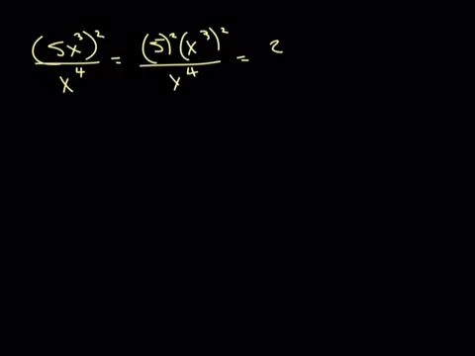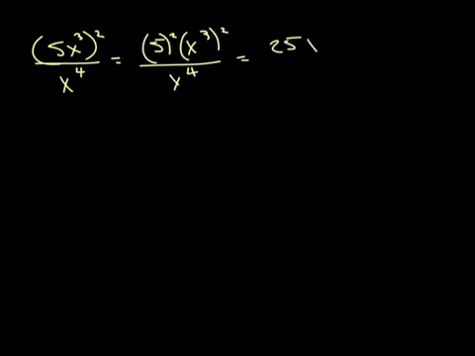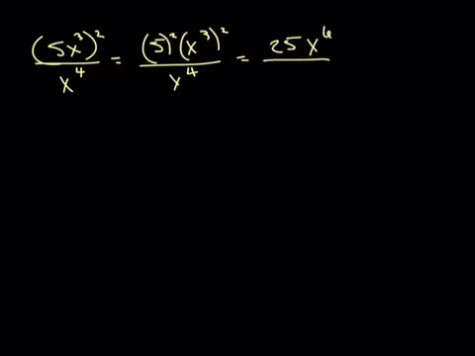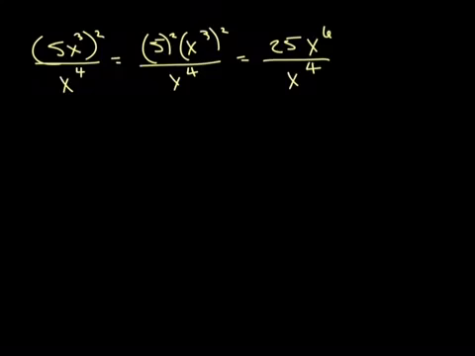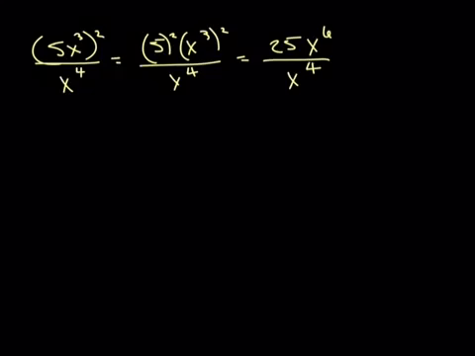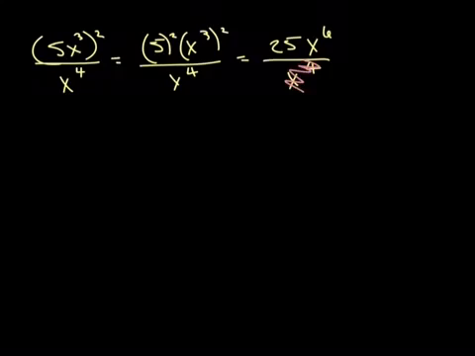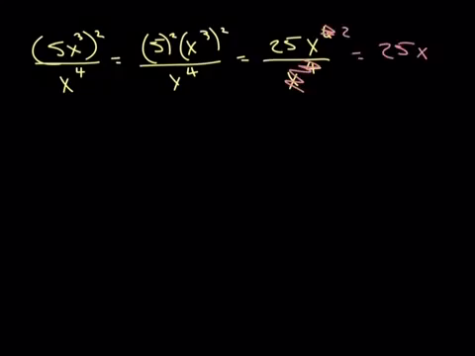What's 5 squared? 25. X cubed squared, multiply, x to the 4th. Now, if you want to do what I did before, smallest exponent is 4, get rid of that, get rid of 4 of those, and we have 2 left over. And we're done.